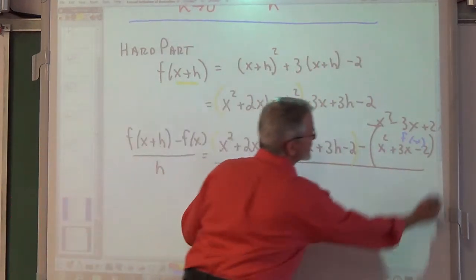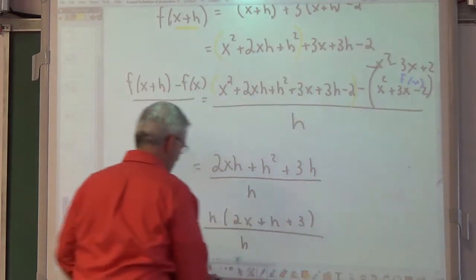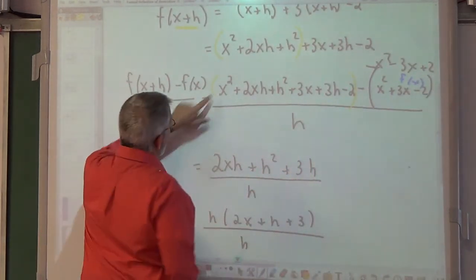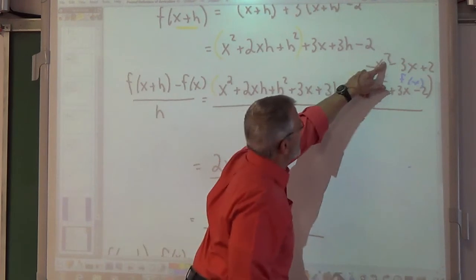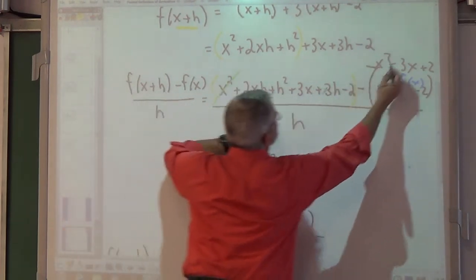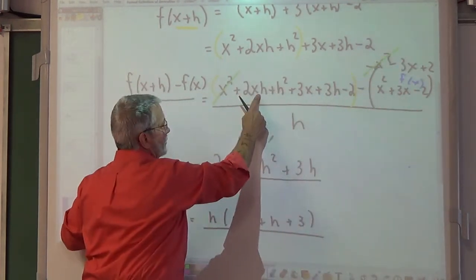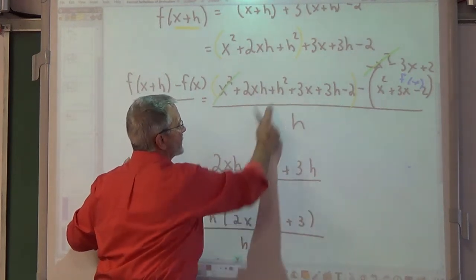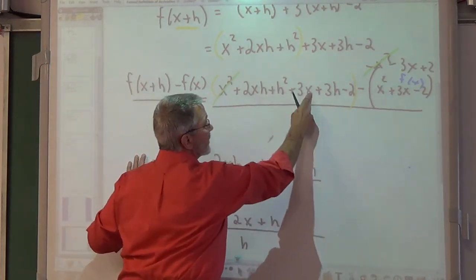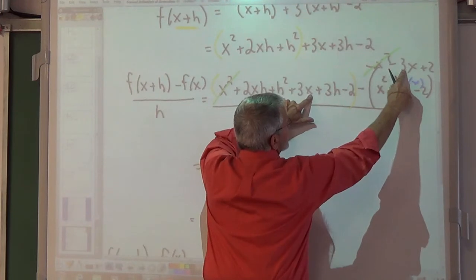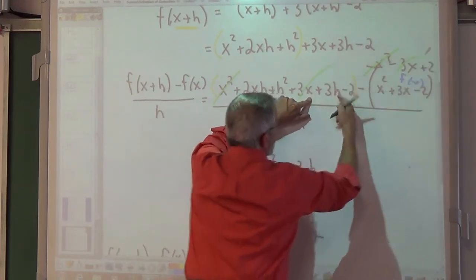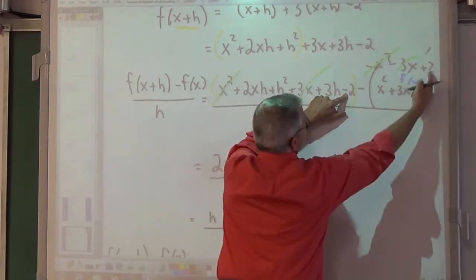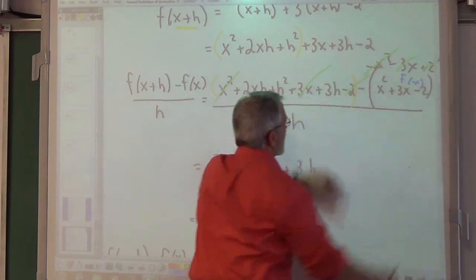Let's scoot it up here so you can see it good. Looks like I have an x squared. Oh, minus x squared. They're gone. I'm going to drop that 2xh. Drop that h squared. 3x minus 3x, they're gone. Drop the 3h, negative 2 plus 2, they're gone.